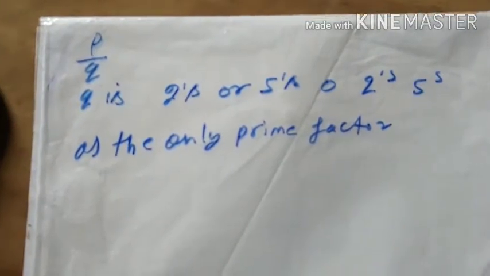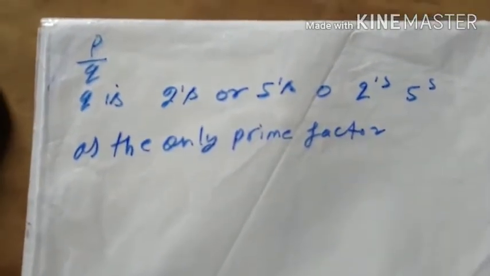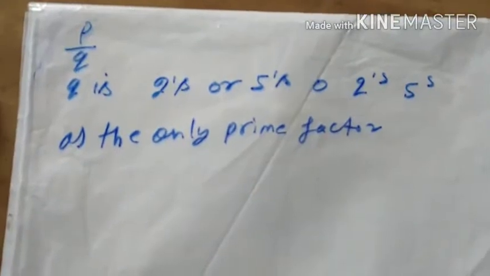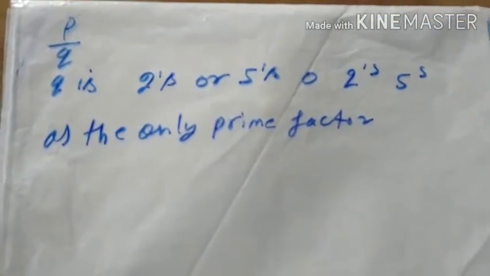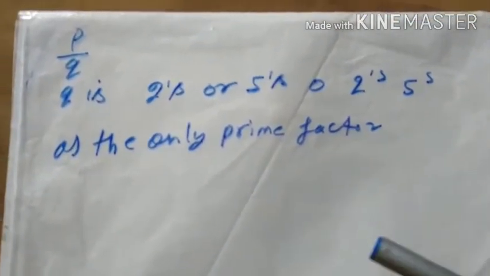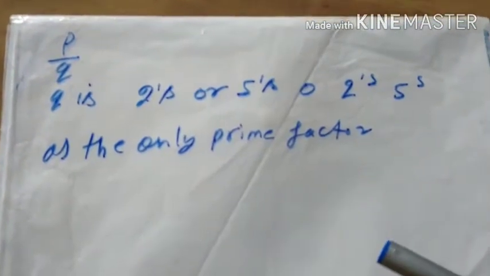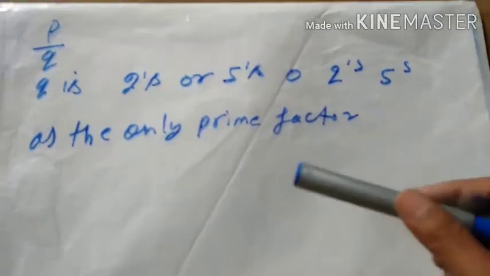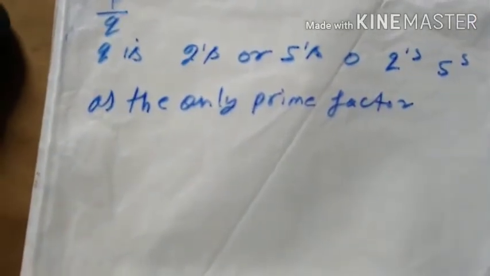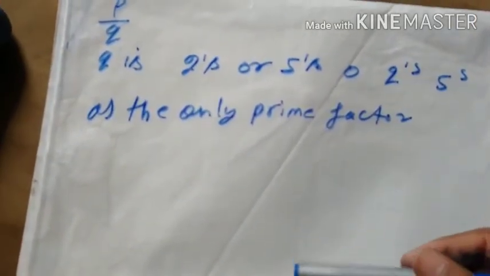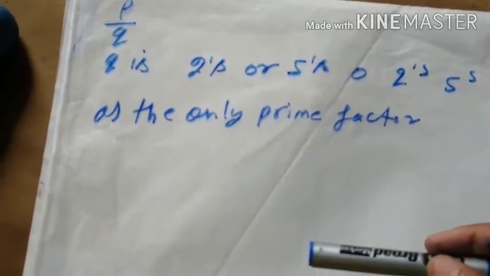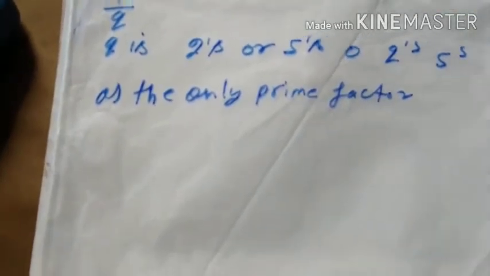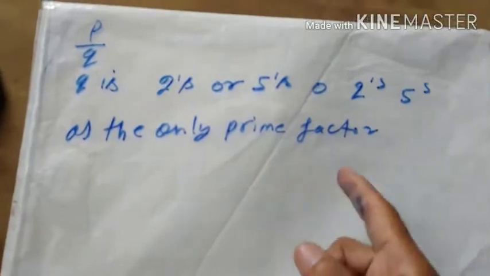Okay, p by q will be our rational number in which the denominator, or you can say q, is either 2s or 5s. Means you are having at that place 2s or 5s, or a combination of 2s and 5s as the only prime factor. So this is the secret.